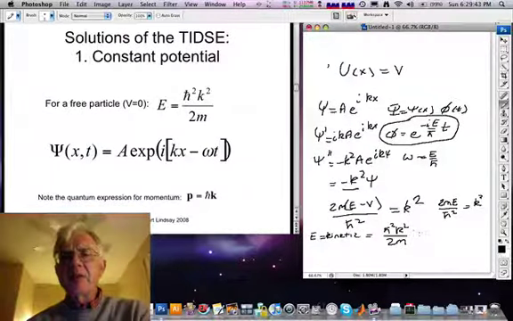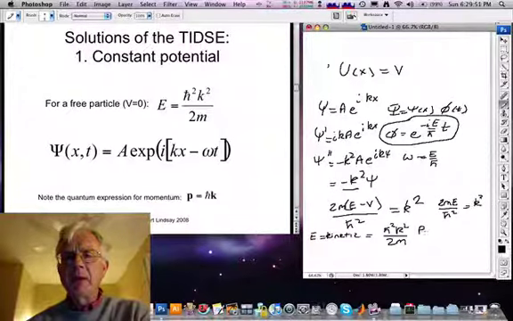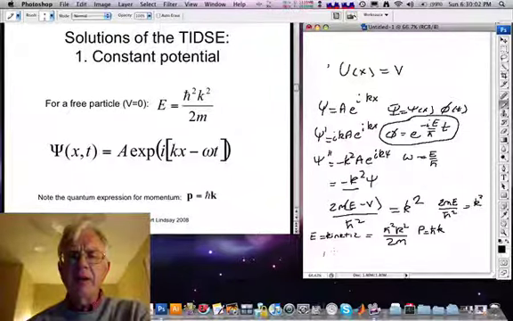This is a very interesting result. If we set the momentum of the particle to be equal to h bar times the wave number of the particle, then we see that this expression for the kinetic energy reduces to p squared over 2m.